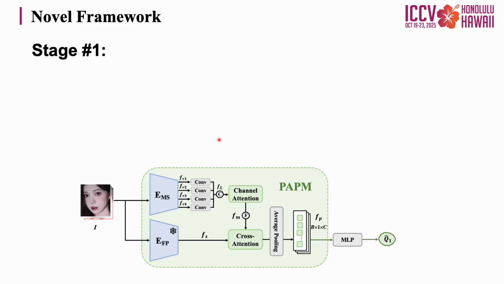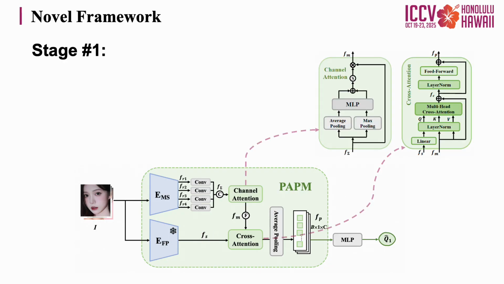Specifically, PAPM receives the image I, from which a Swin Transformer EMS extracts multi-scale feature FM, and a frozen FaceNet EFP extracts face-aware features FS. Subsequently, a cross-attention block incorporates FM and FS to form the personalized attractiveness feature FP, which are then projected to a preliminary attractiveness score Q1.